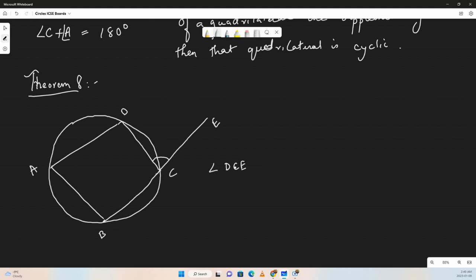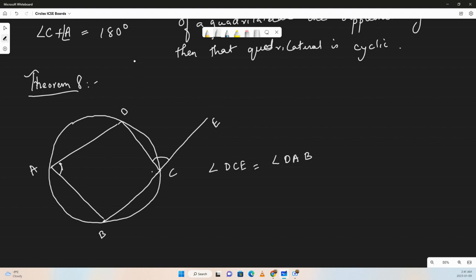So what is the interior opposite angle here? So the interior angle and opposite of that, right? So that is equal to angle DAB. So angle DCE is equal to angle DAB. That's what the theorem says. So this angle and this angle should be equal.